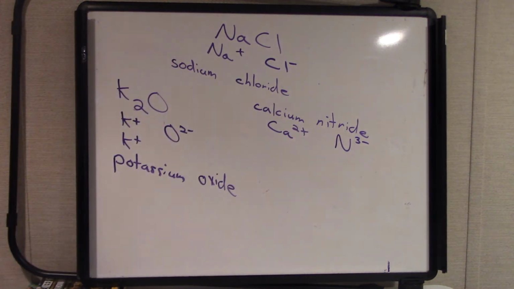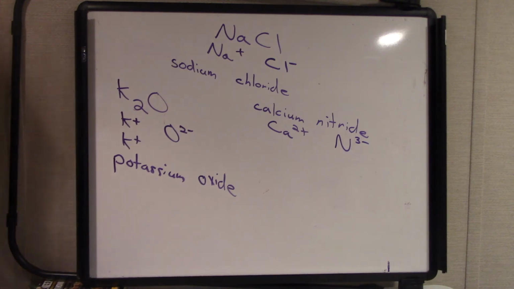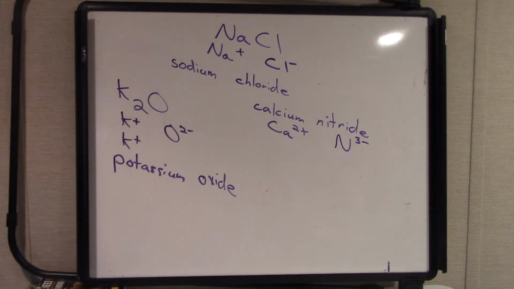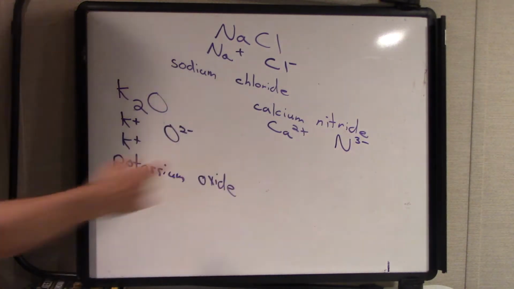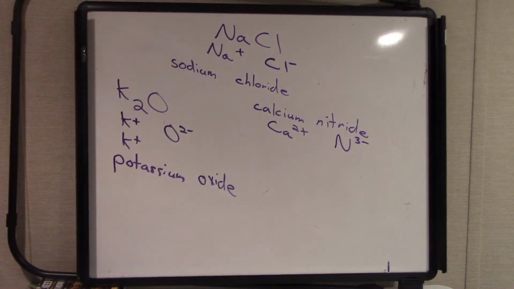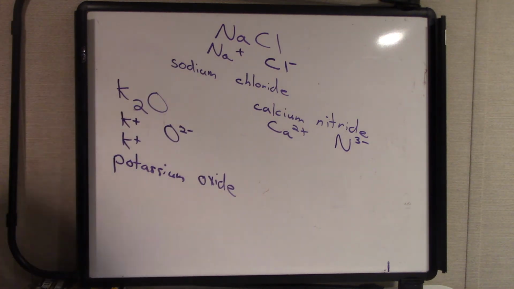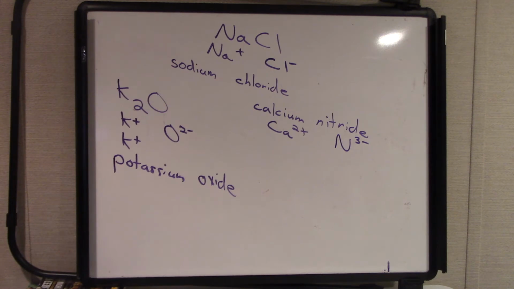But what we may be able to change is the relative amounts of each of those ions, because we still have to achieve charge balance. So what we're looking to do here is figure out how many of each of them we need to have our sum total of positives equal our sum total of negatives. And there's two different techniques that can be used to do this.